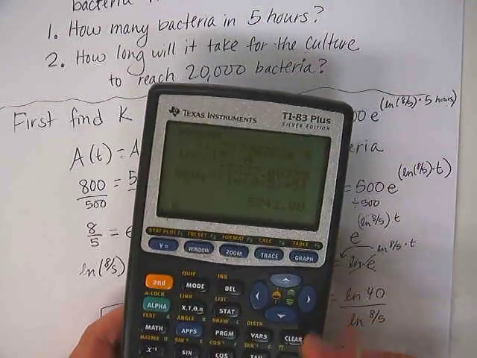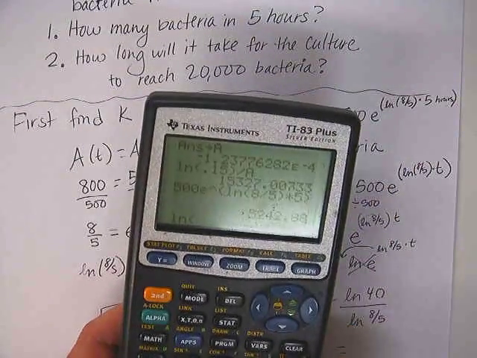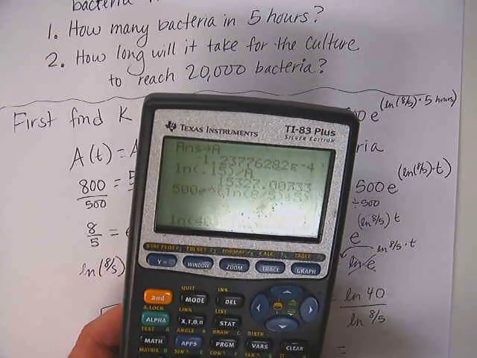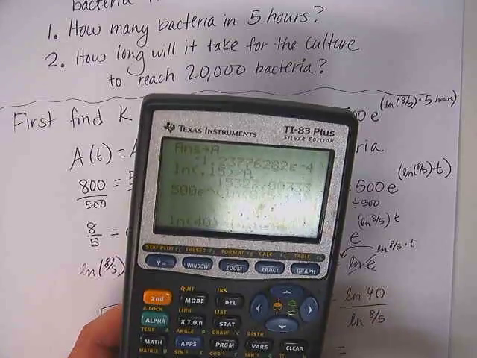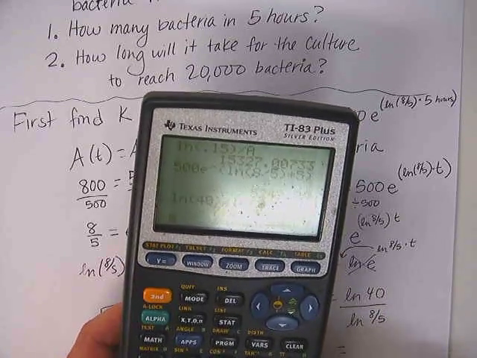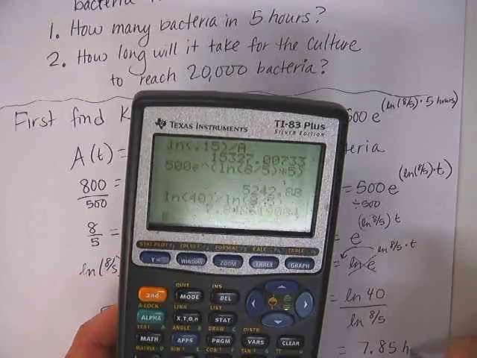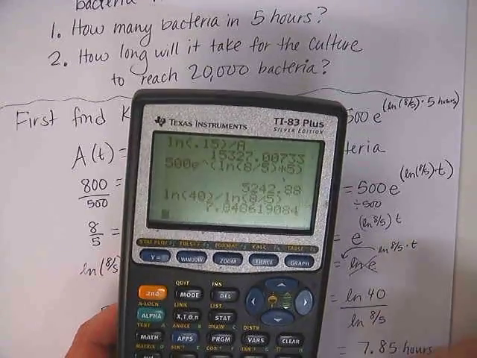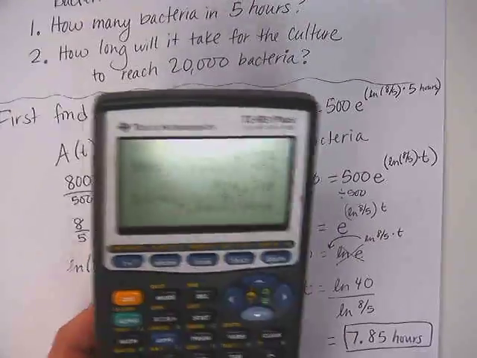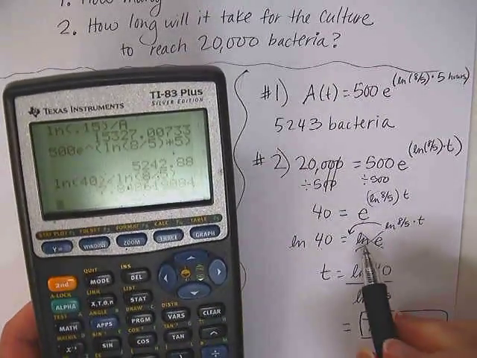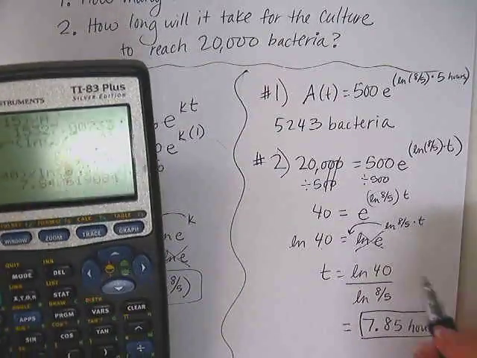Then we can just plug this in our calculator. Natural log of 40 divided by the natural log of 8/5. 7.85 hours is the answer.